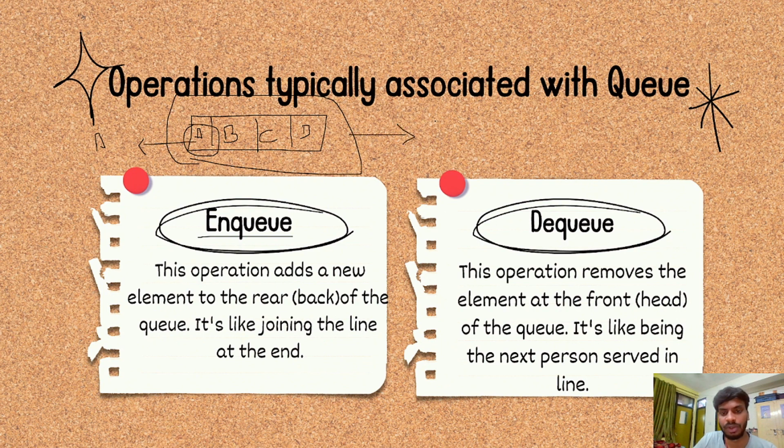So now our queue will be B, C, D. The first element A is removed with the help of the dequeue operation. Now the front element will become B, and the rear element, which is the back element, is D.